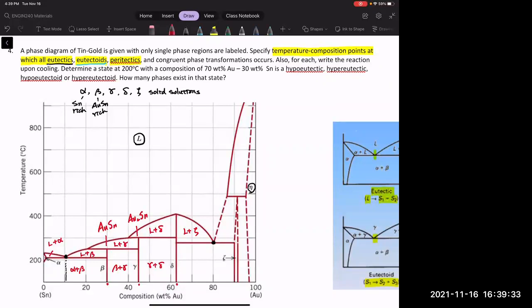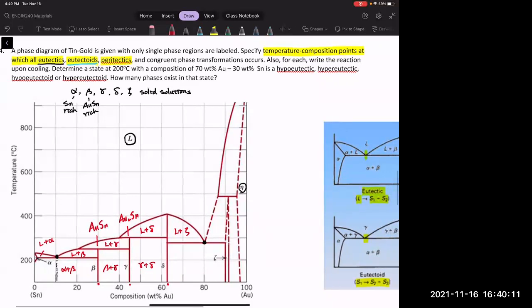So far I don't see any of those here. It looks like I don't see any of these things happening here.